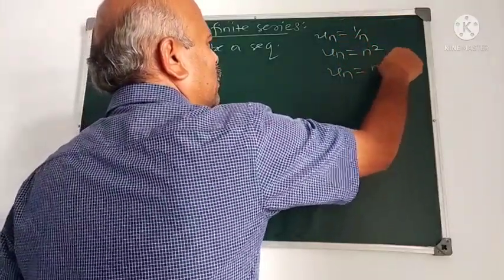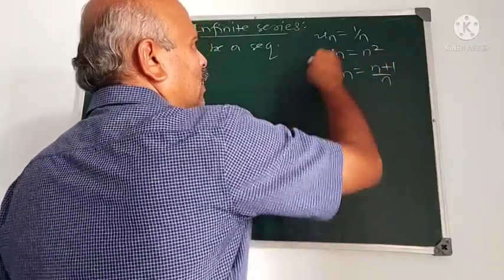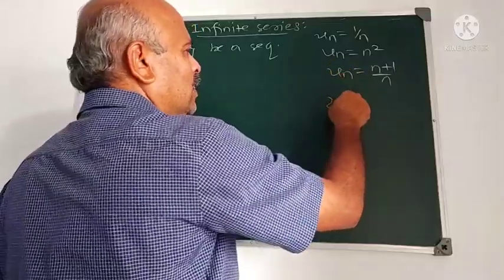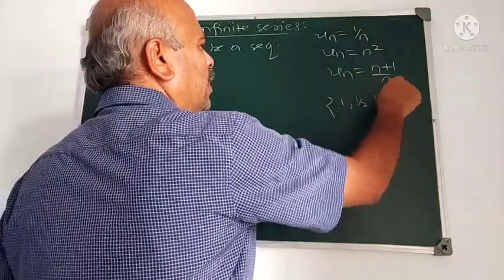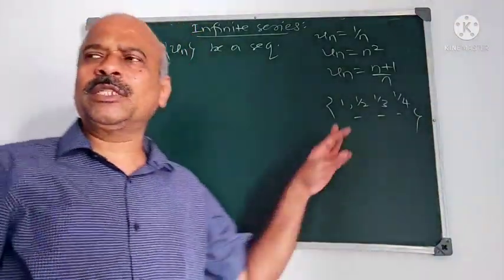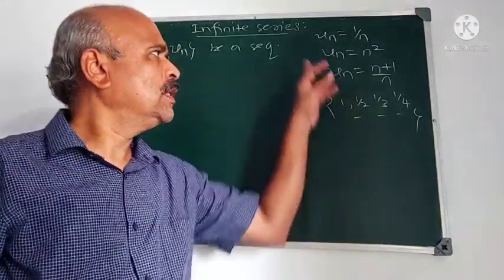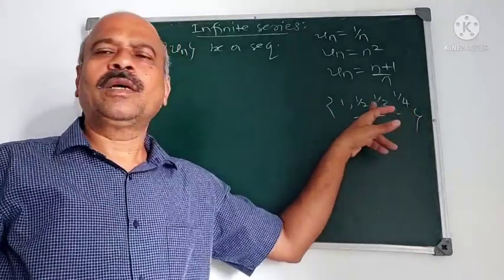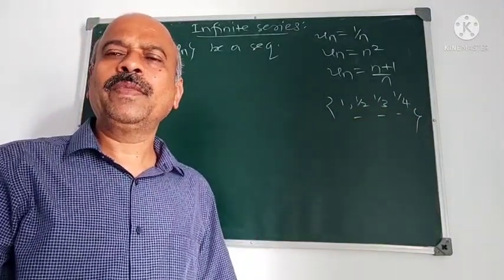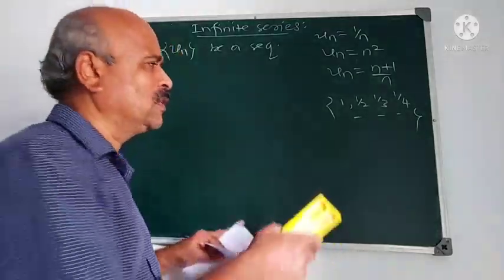Un is n plus 1 by n is a sequence. Un given by 1 by n means the terms of the sequence are 1, 1 by 2, 1 by 3, 1 by 4, etc. And every sequence we consider here is an infinite sequence, meaning the terms of the sequence are infinite. We are dealing with only infinite sequences.